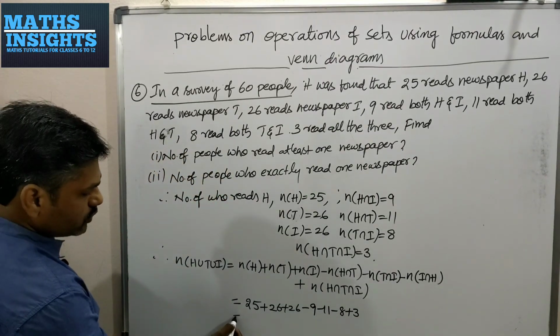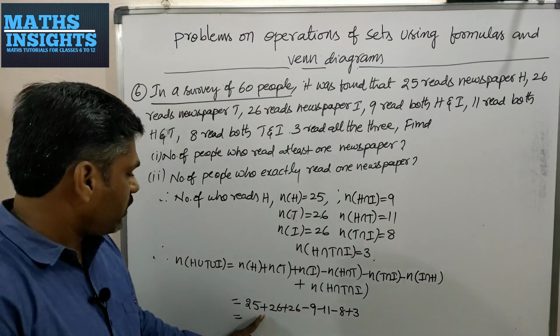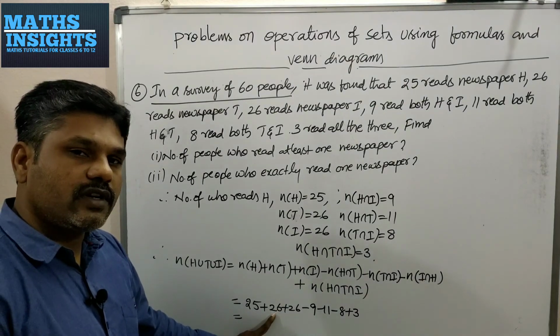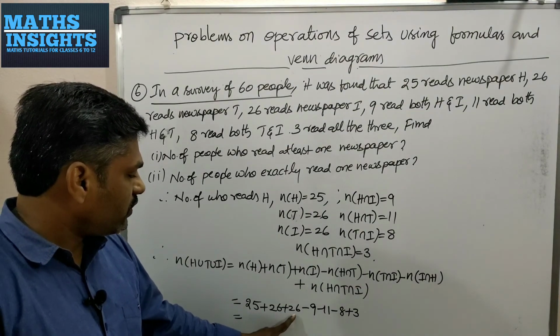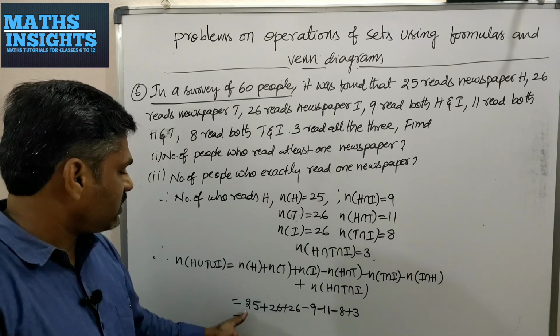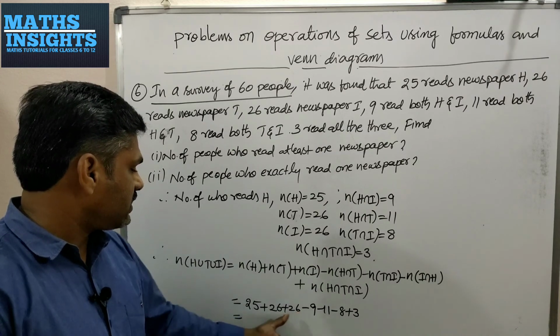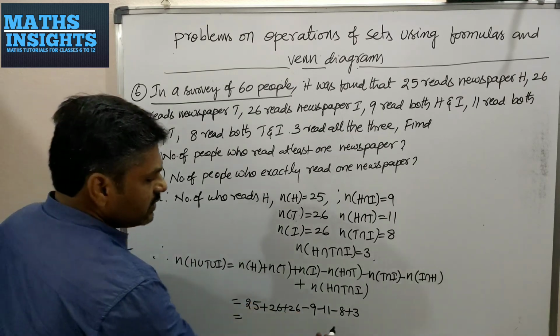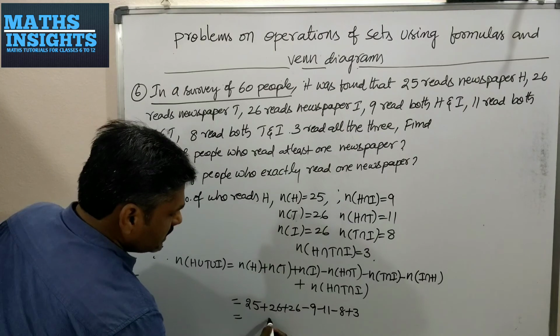That is equal to 25 plus 26. This will become 51. 51 plus 26, see this is 77. 77 plus 3, 80.